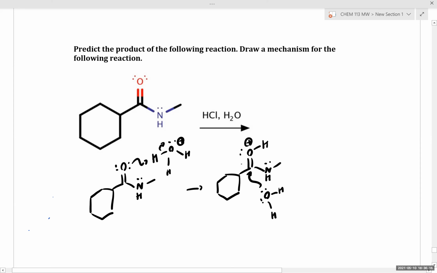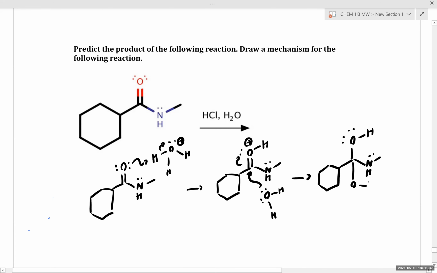From here, our nucleophile will attack and will generate a tetrahedral intermediate.